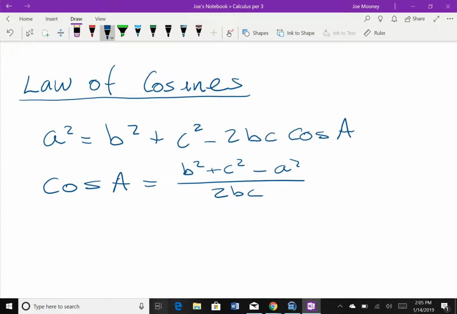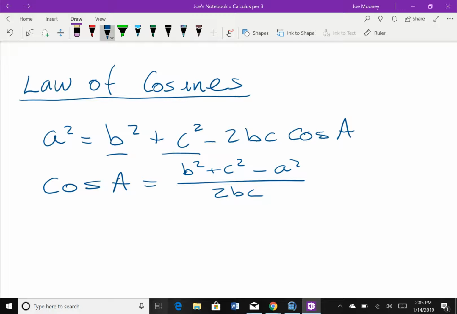What it says is lowercase a could be any side that you want. The triangle doesn't even have to be named. Once you do an application problem where you're crossing a river, it doesn't have to be named. The side you're looking for, squared, will be equal to the sum of the other two sides squared.